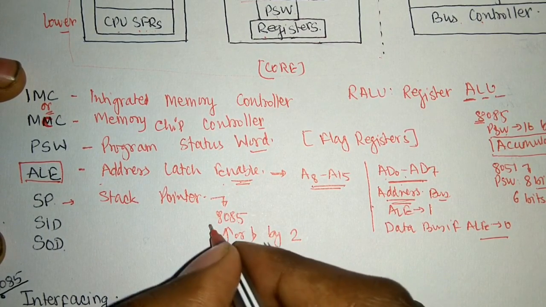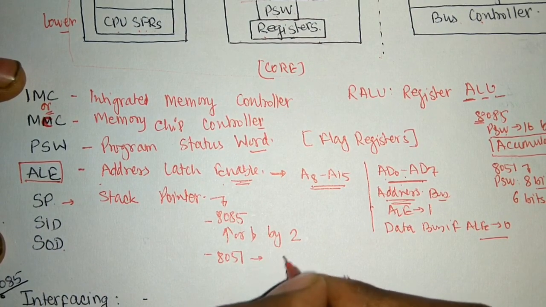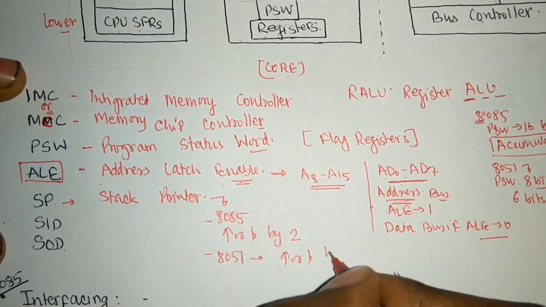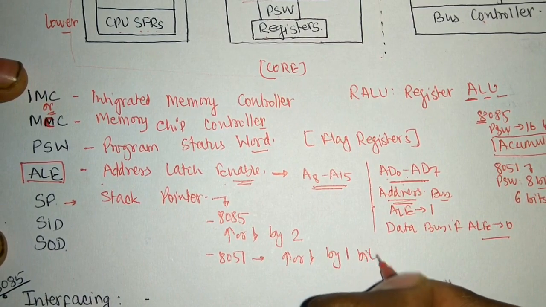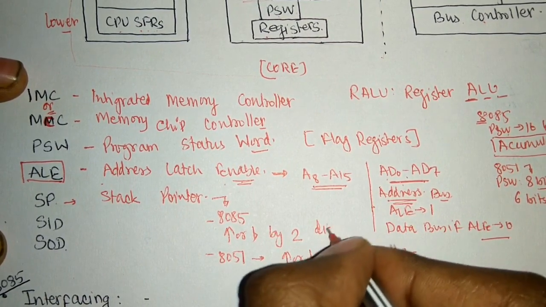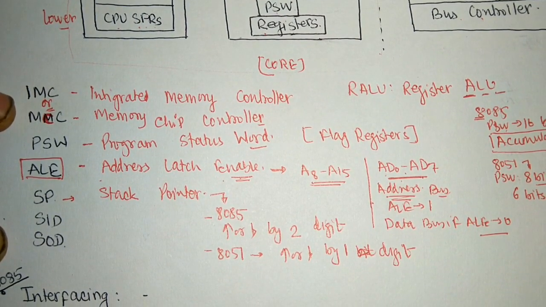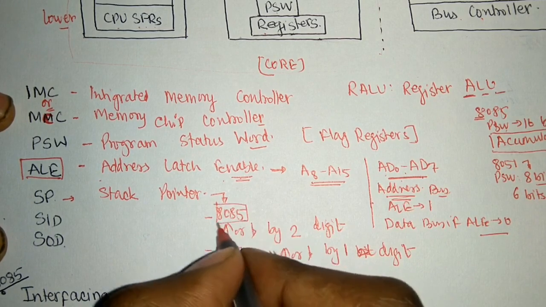But in case of 8051, that is our microcontroller, the increment or decrement will be by 1. Or by 1 digit, I can say simply. That is the basic difference between the stack pointer of microprocessor 8085 and 8051. Now all microprocessors or microcontrollers do not work the same way, so we are very specific here that we are talking about 8085 and 8051.